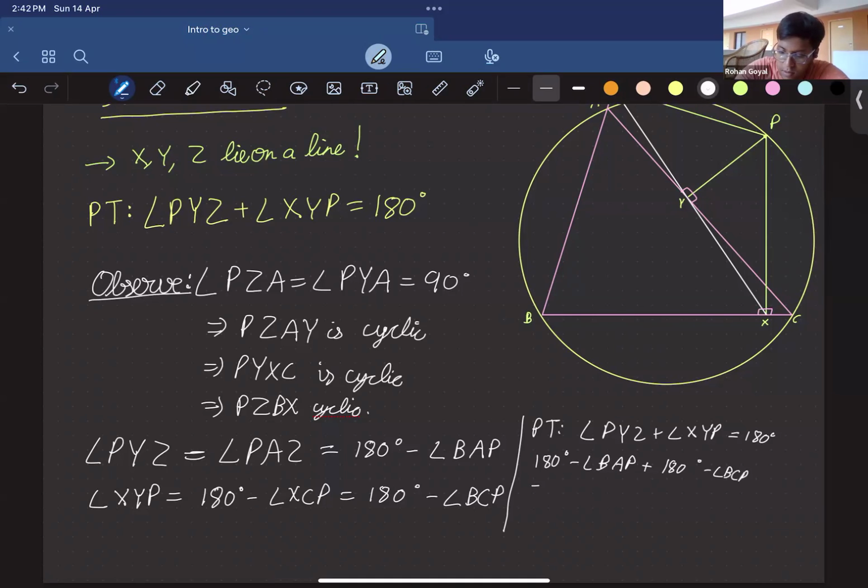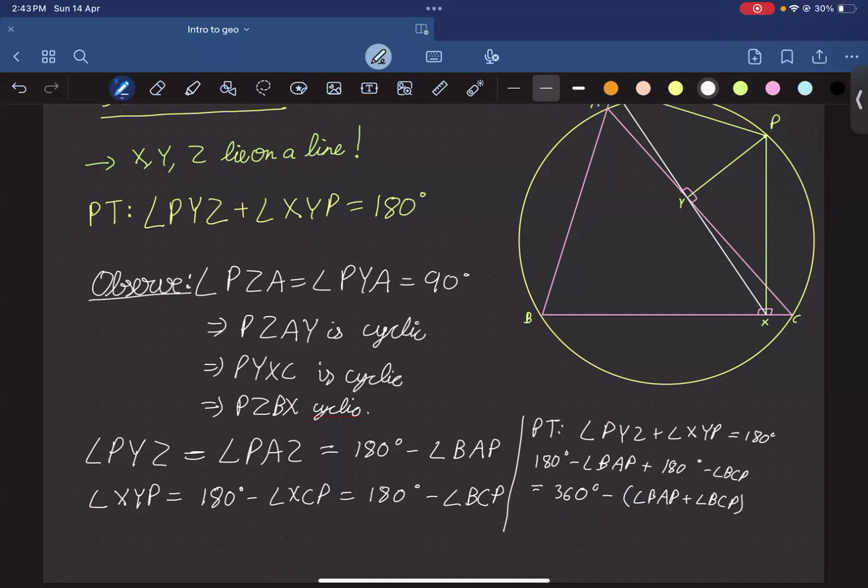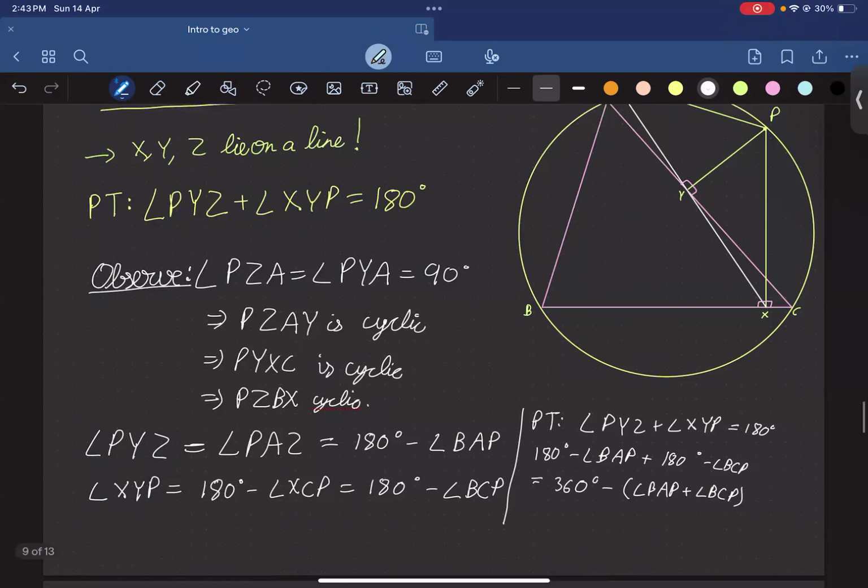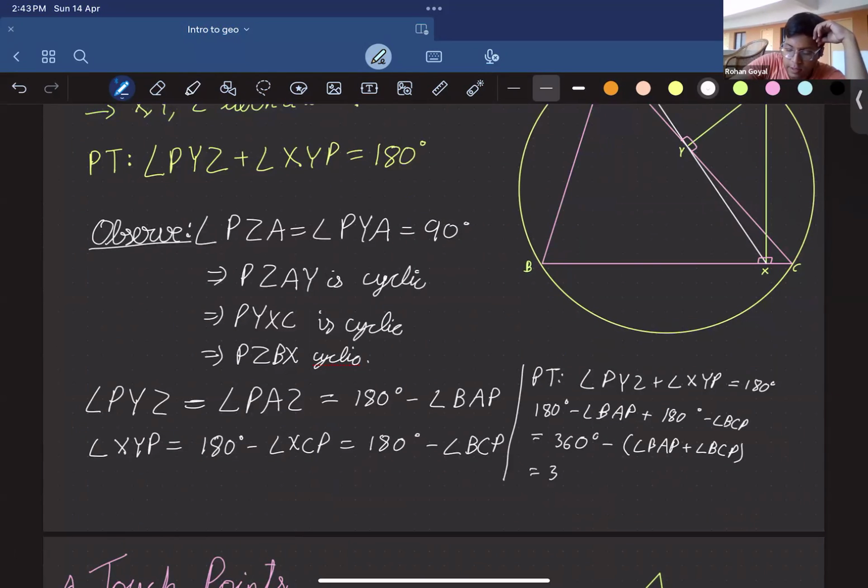This is 360 degrees minus the sum of the angles BAP plus BCP. How much is angle BAP plus BCP? 180 degrees. Good. So this is just 360 degrees minus 180, which is equal to 180. That's it.